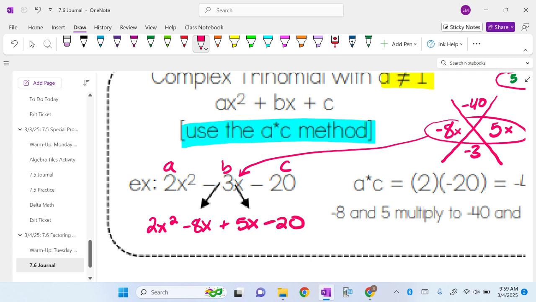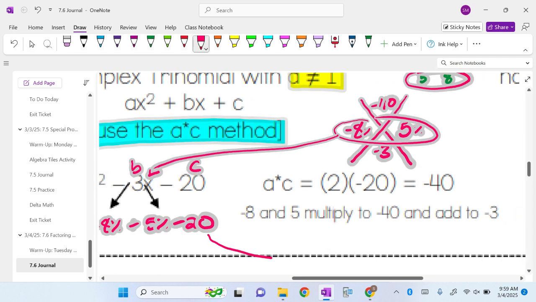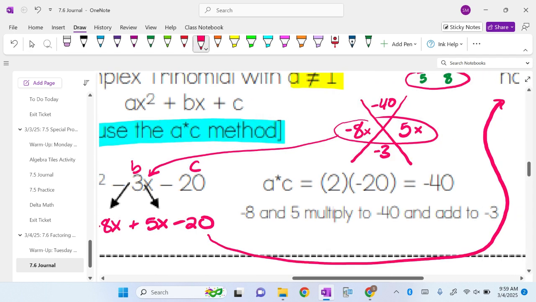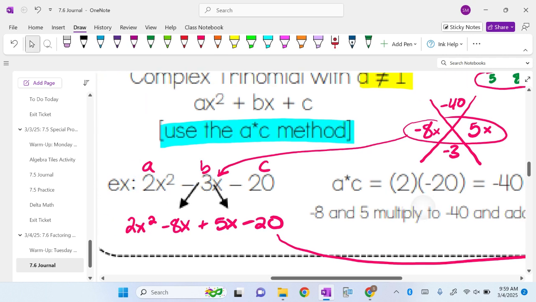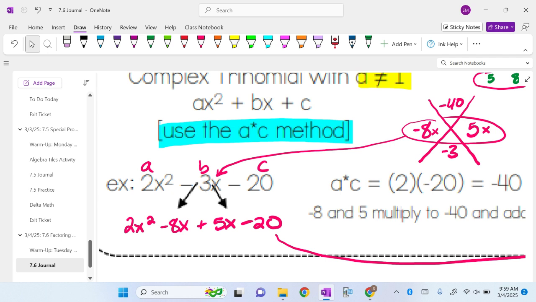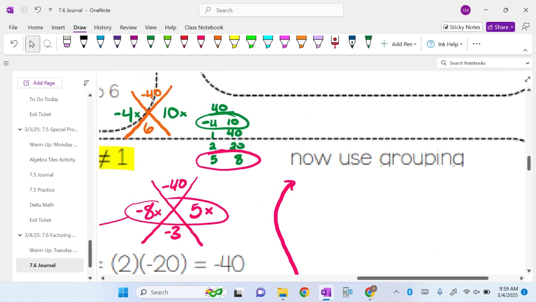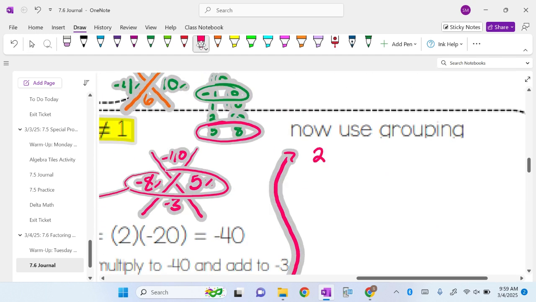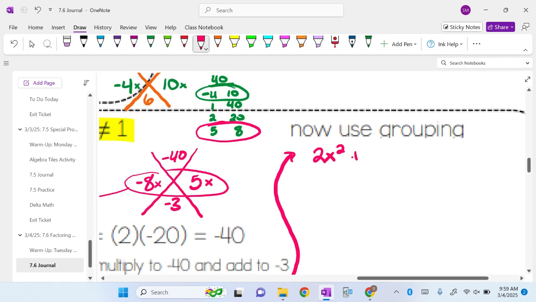Now, since we have a 4-term polynomial, we can go into grouping. So I'm going to rewrite it up here: 2x squared minus 8x plus 5x minus 40.